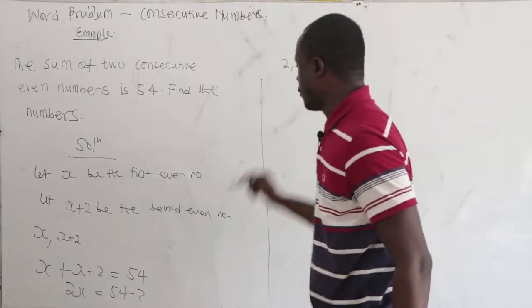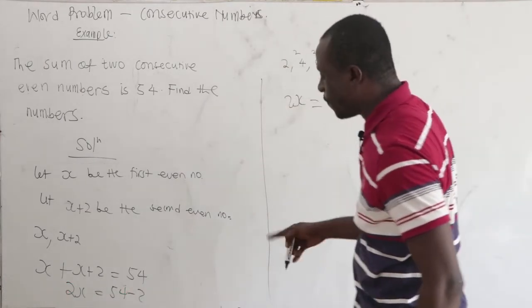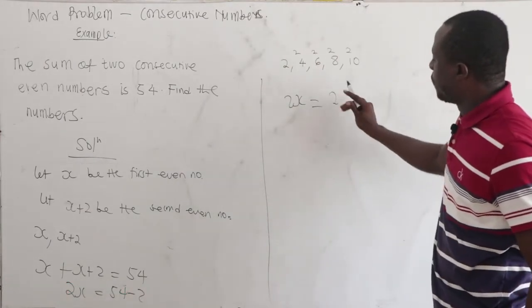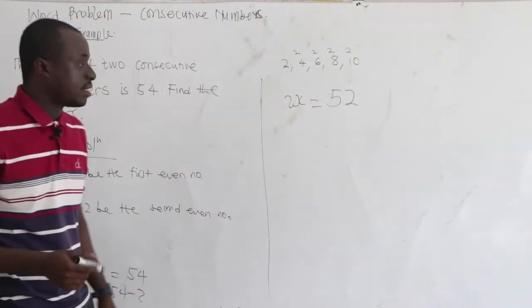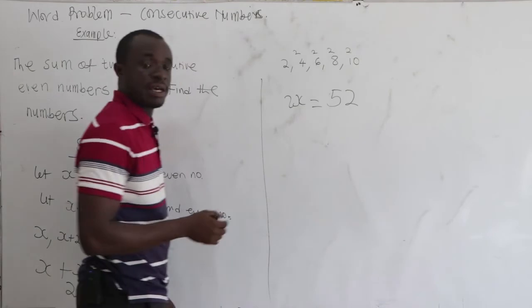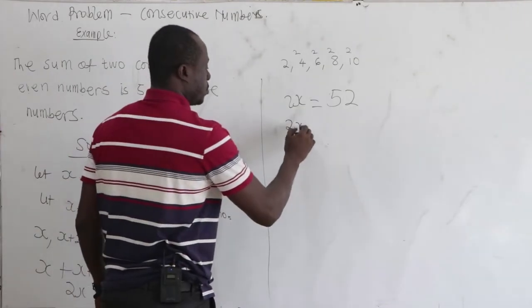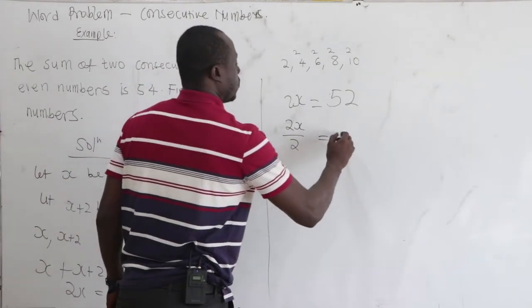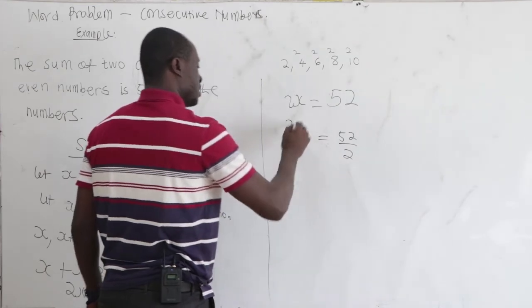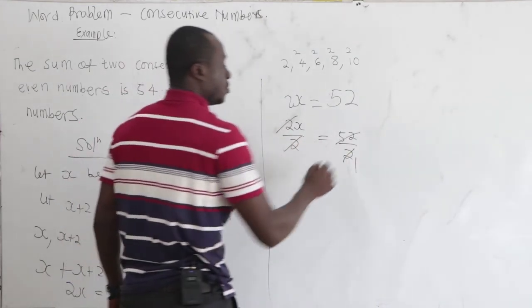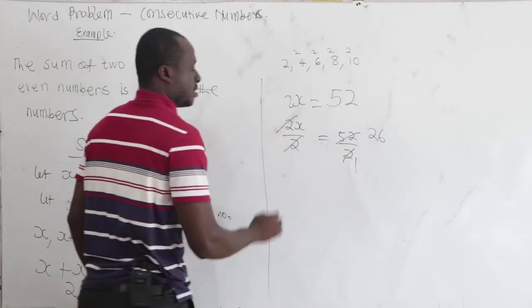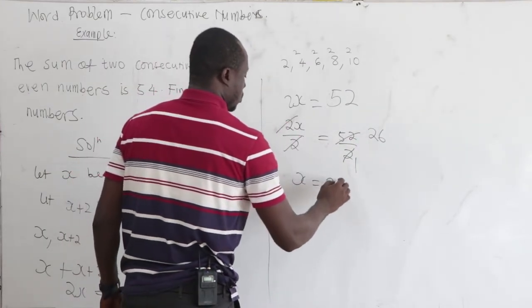Now from here, we have 2x. 54 minus 2 is giving us 52. We want to find x, so you divide both sides by 2. So 2x all over 2, 52 all over 2. This is cancelling out that. 2 will go into 52, that is 26. So our x is equal to 26.